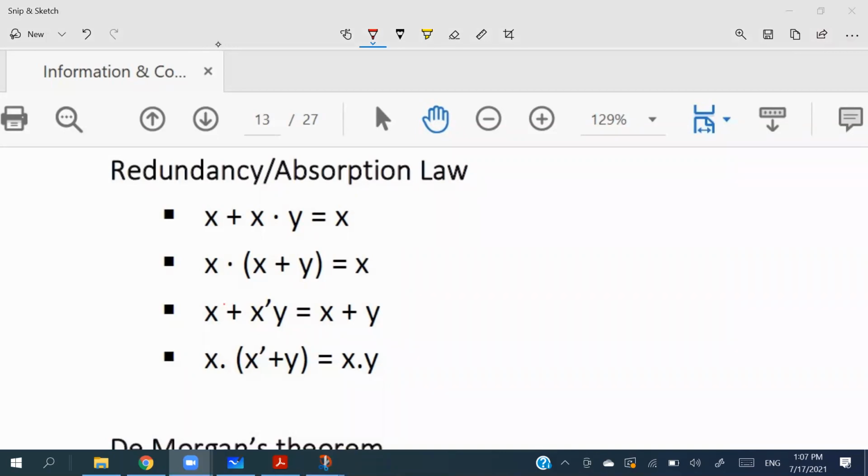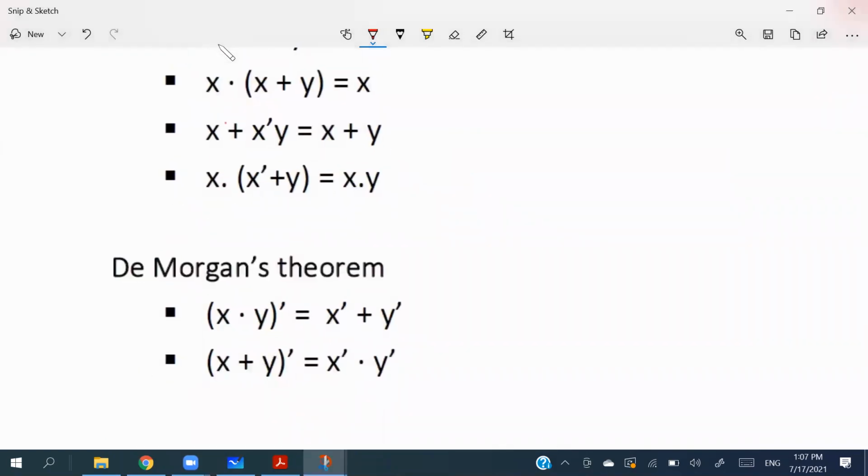All right. So the very last law, we know about it, De Morgan's theorem. So x dot y bar, this x dot y total bar can be represented as x bar plus y bar. Here they have given it as (x dot y) dash, which can be written as x bar plus y bar.